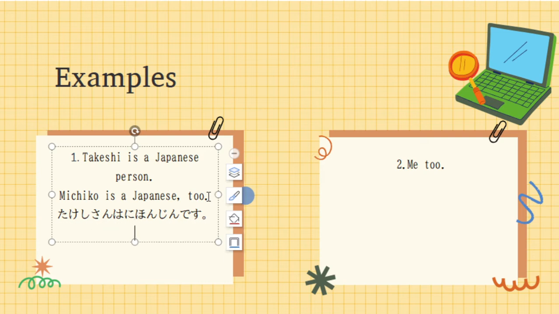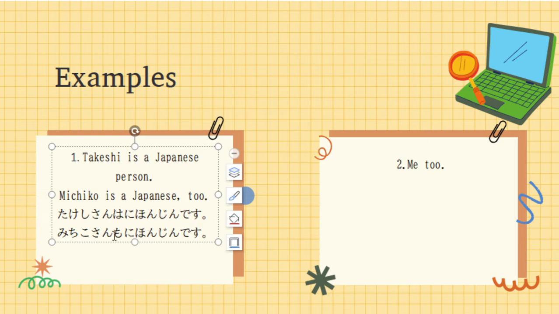And Michiko-san mo nihonjin desu. So that is for our first sentence. The item they shared is being a Japanese person.